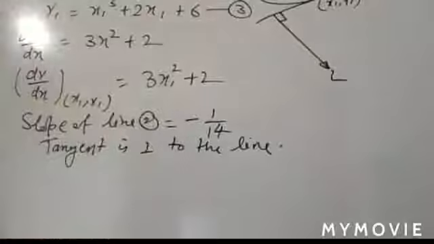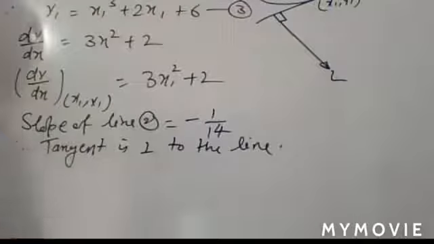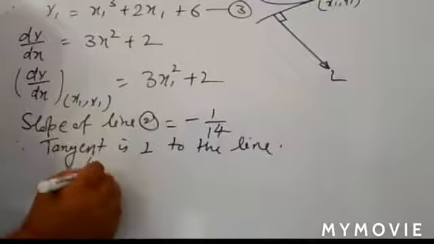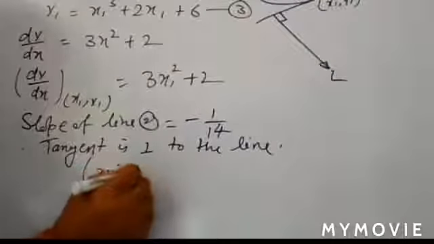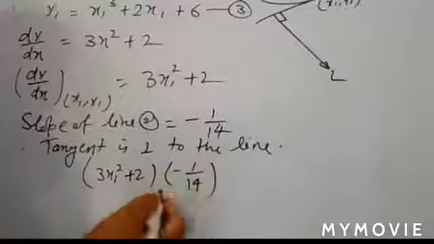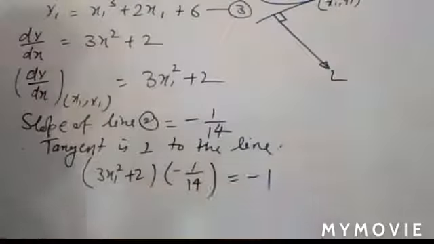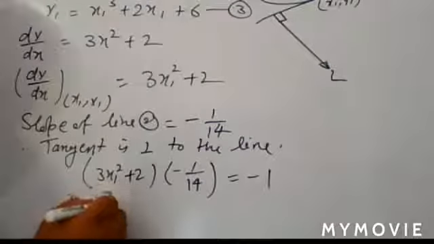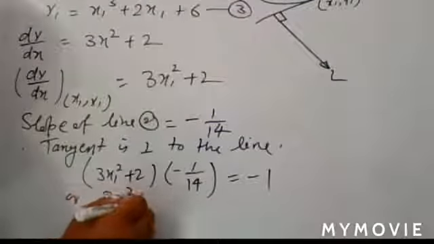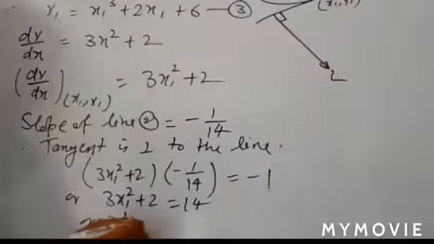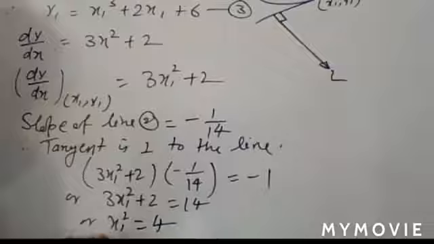So if they are perpendicular, m1 m2 is equal to minus 1. So 3x1 square plus 2 into the slope of line, minus 1 upon 14, is equal to minus 1. So minus and minus cancel out from both sides. So you have 3x1 square plus 2 is equal to 14, or x1 square is equal to 4, or the value of x1 is equal to plus minus 2.